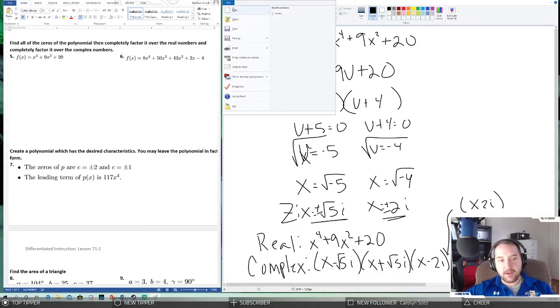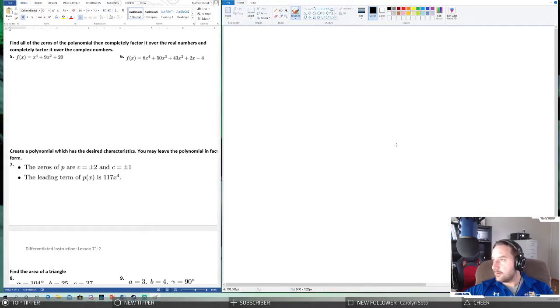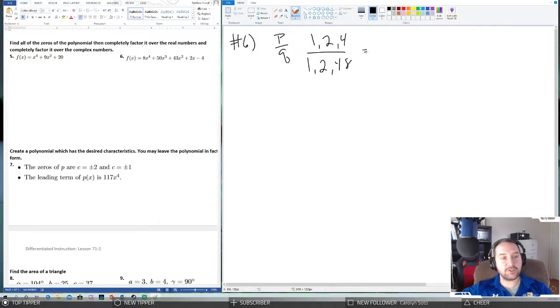Okay, I'll start you guys off with number 6. Number 6 is not a quadratic type equation, so this is where we have to do the p's over q's. It's going to be the factors of 4, 1, 2, and 4, over the factors of 8, 1, 2, 4, and 8. And you have to do all the combinations of these p's over q's.